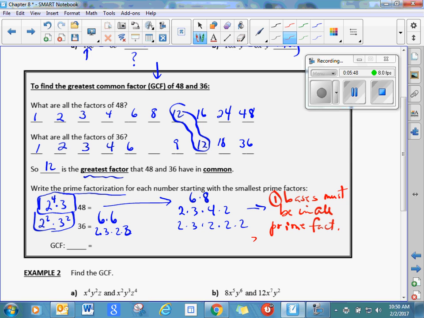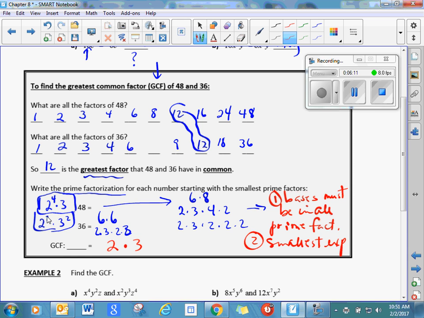And then number 2, you use the smallest exponent that you have. So in this case, I have a 2 in both boxes, and I have a 3 in both boxes. So that's good.